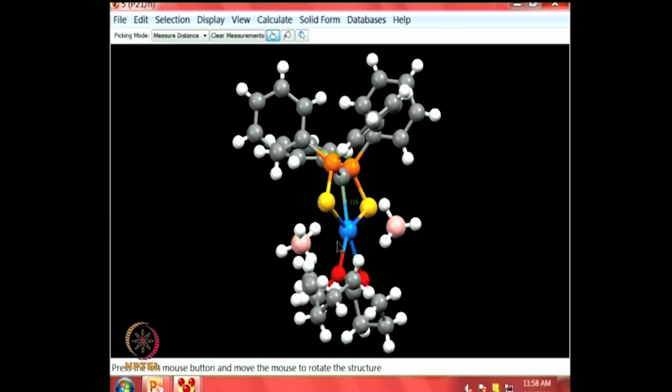So, it is much less than 2.4 or 2.5 angstroms, which some books estimate. So, because of this shortening of the bond distance between carbon and the uranium, you can say that there is partial double bond character between the uranium and the carbon.